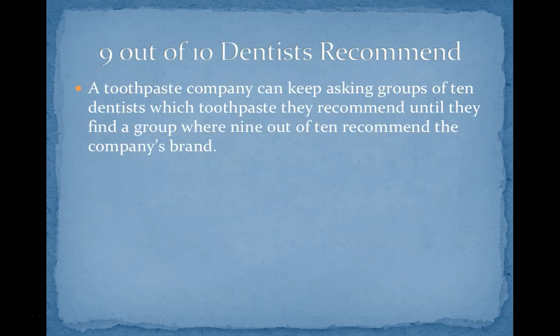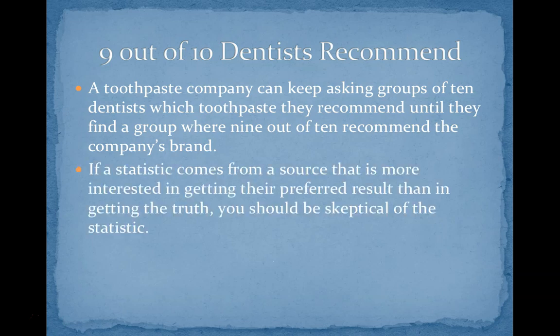A toothpaste company can keep asking groups of 10 dentists which toothpaste they recommend until they find a group where 9 out of 10 recommend the company's brand. If a statistic comes from a source that's more interested in getting their preferred result than in getting the truth, you should be skeptical of the statistic.